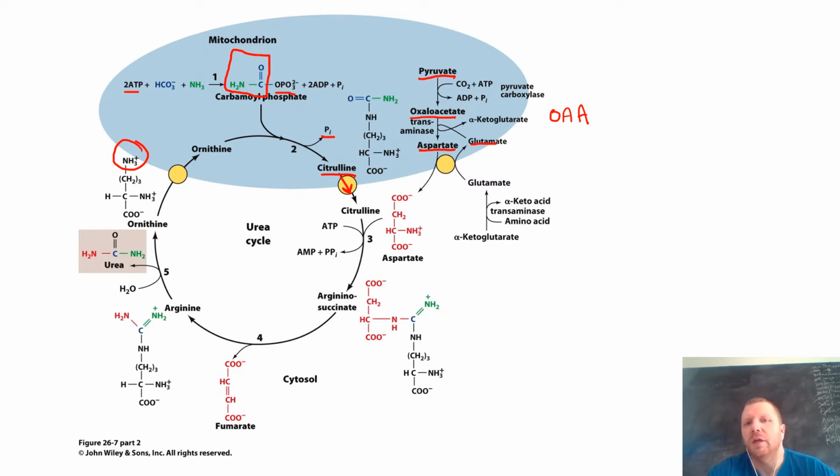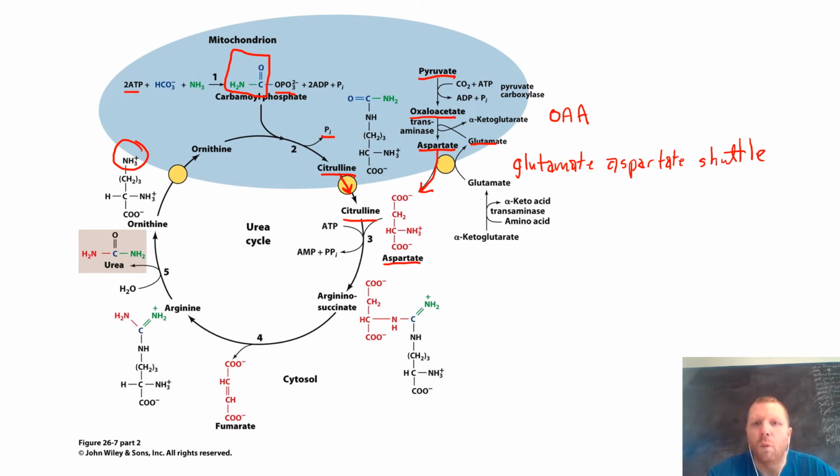That aspartate can be transported out of the mitochondria through a transport protein known as the glutamate aspartate shuttle. And we're going to transfer that aspartate and add it to our citrulline.